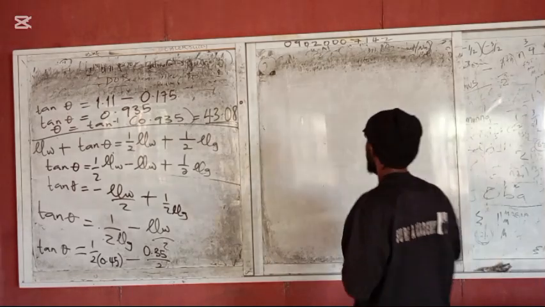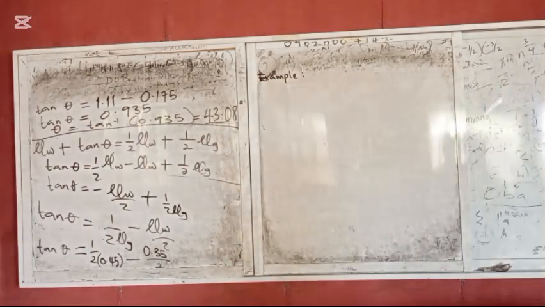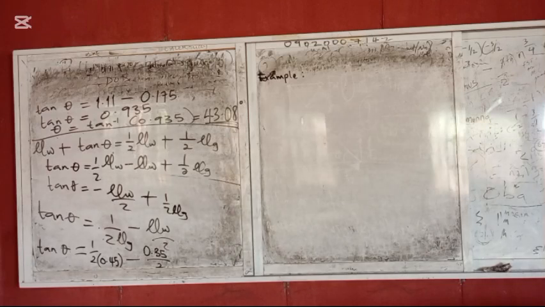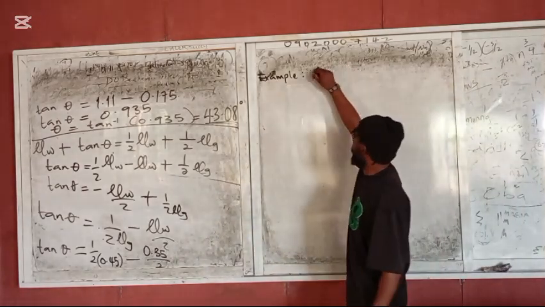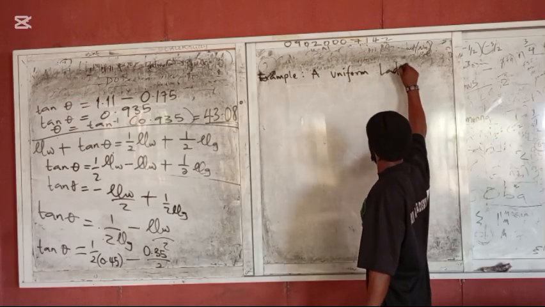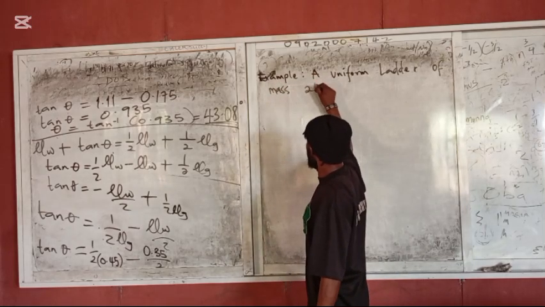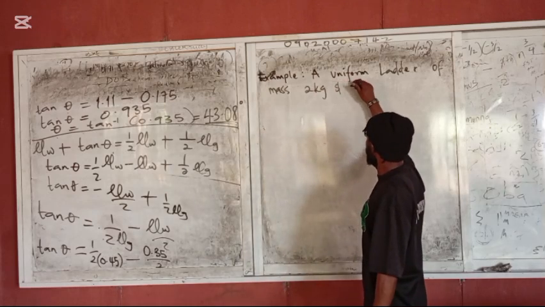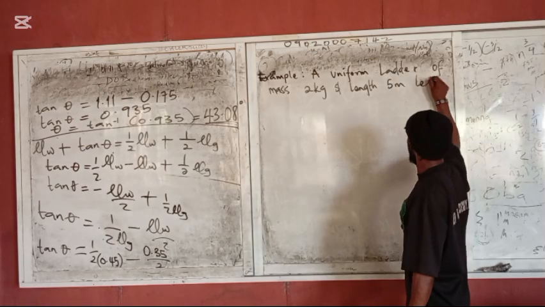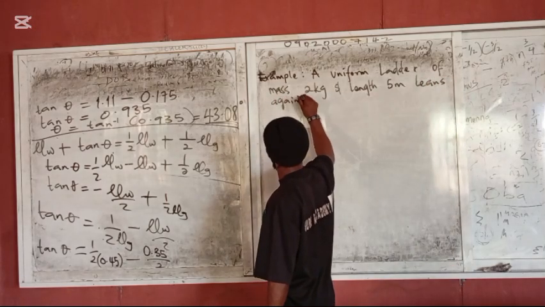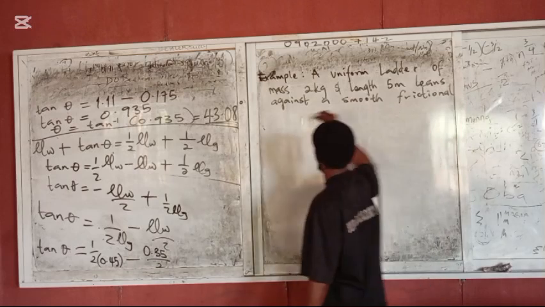Okay, please read the question. A uniform ladder of mass 2 kg and length 5 m leans against a smooth frictional wall.